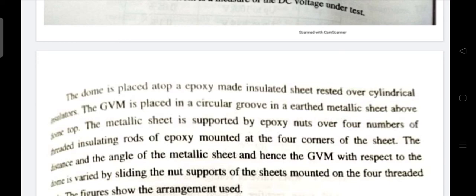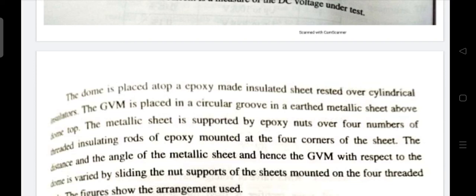The GVM is placed in a circular groove in an earthed metallic sheet above the dome top. The metallic sheet is supported by epoxy nuts over 4 threaded insulating rods of epoxy mounted at the 4 corners of the sheet. The distance and the angle of the metallic sheet, and hence the GVM, with respect to the dome is varied by sliding the nut supports of the sheet mounted on the 4 threaded rods.